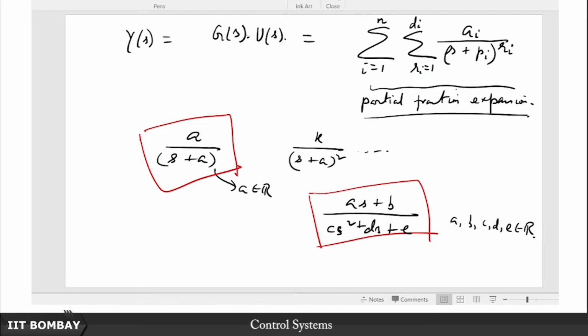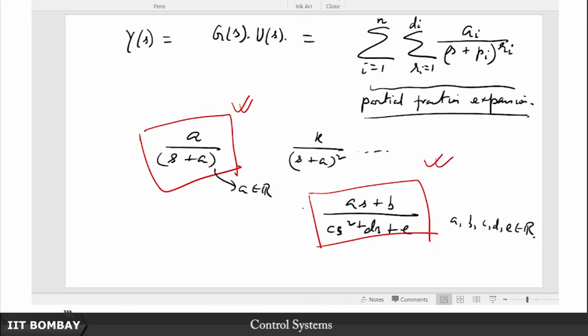We will see how and under what circumstances we can ignore them, but we will get to that later. For now, the motivation is, if you are given a Ys that looks like this in the partial fraction expansion form, and we know what the step response of these individual blocks are like, then we know what the step response of the sums of those blocks will be like.